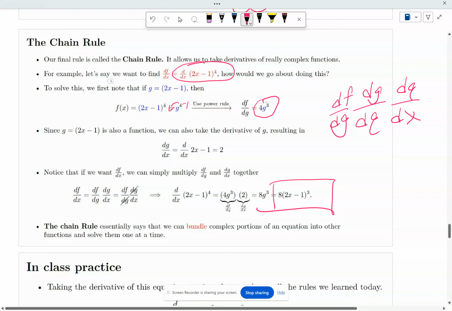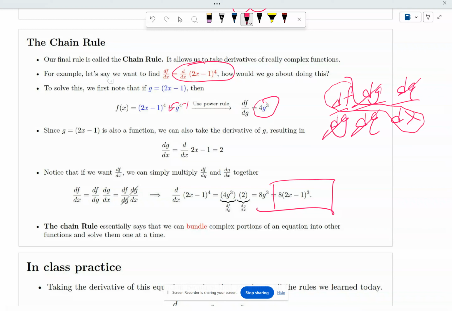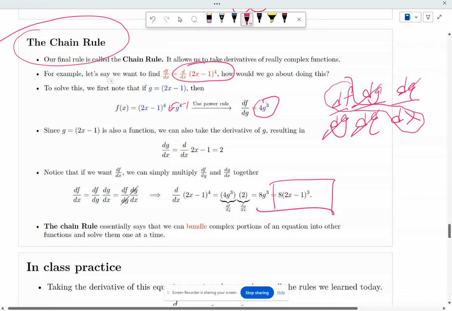You're basically packaging. Notice how dg cancels out, dq cancels out, resulting in df/dx. So you can keep chaining more and more complicated equations, making them into simpler ones, and then you multiply them together in the end. And that is the general idea of the chain rule.